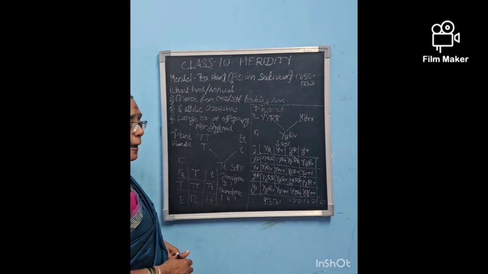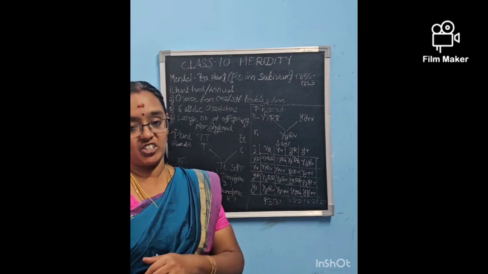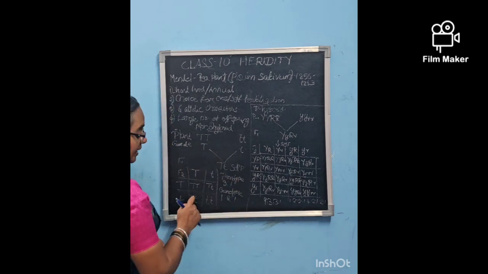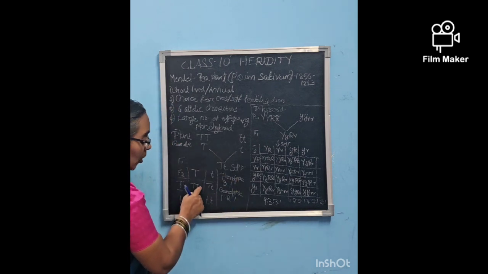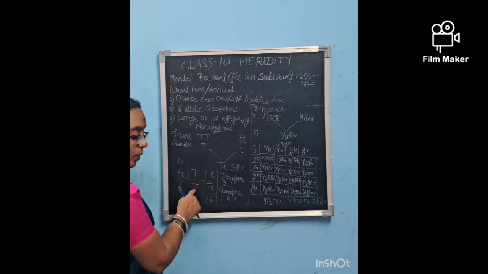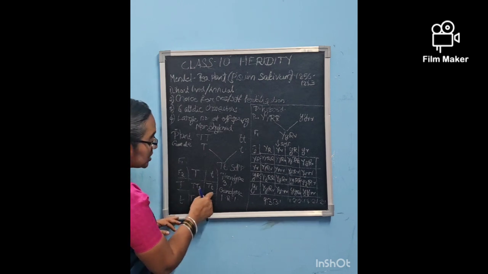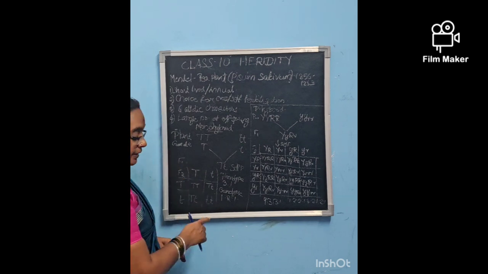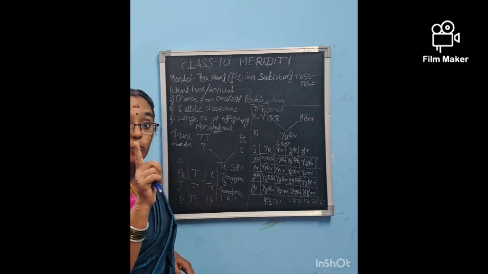Okay. But genetically what is the change? We will see. Genetically we can say homozygous tall, or pure tall, is 1 only. And homozygous dwarf, that is small t small t, is also 1 only.